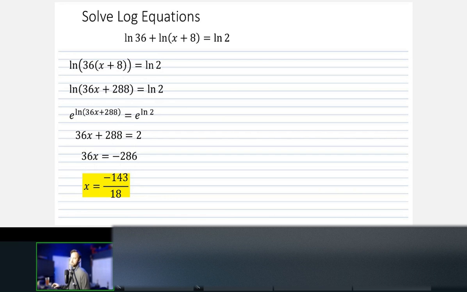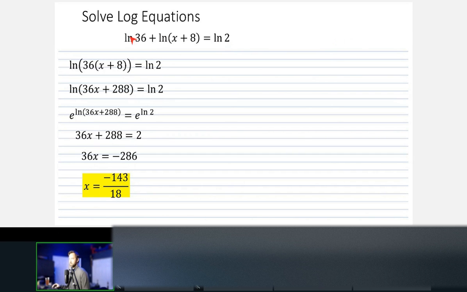By the way, on your test, every problem that you solve for something like this, don't just assume you're correct. Take the extra 30 seconds or a minute and plug this back into x and check it. Make sure the left side equals the right side. So we would type in natural log 2, hit enter, and then we'll get some decimal and write down that decimal on your paper.